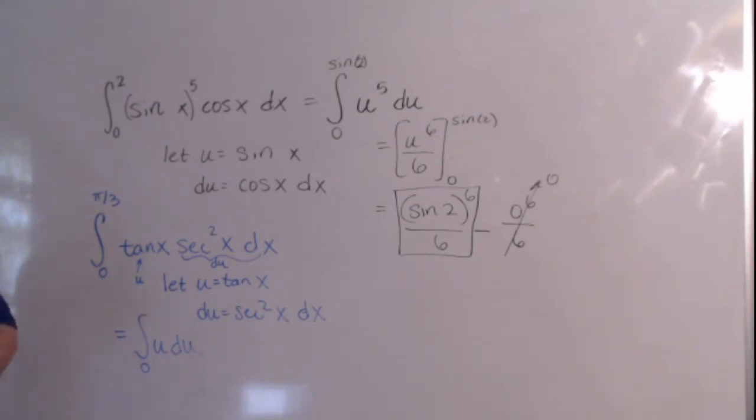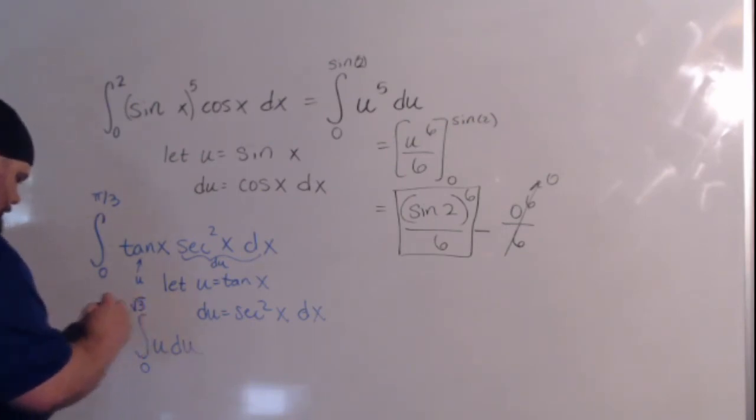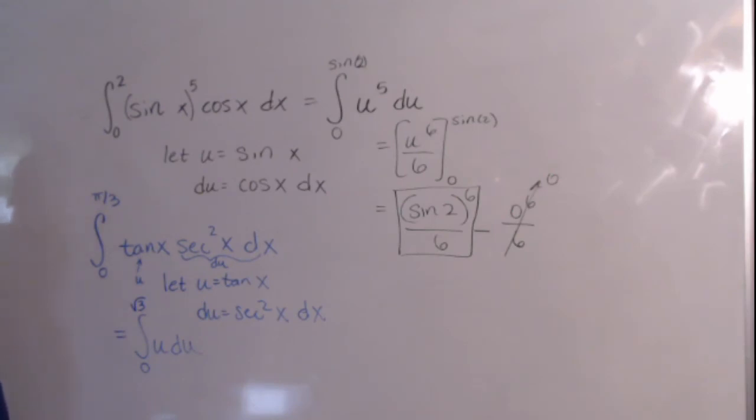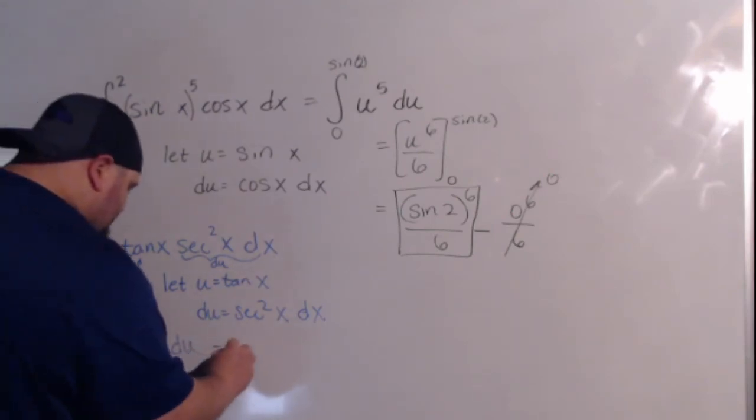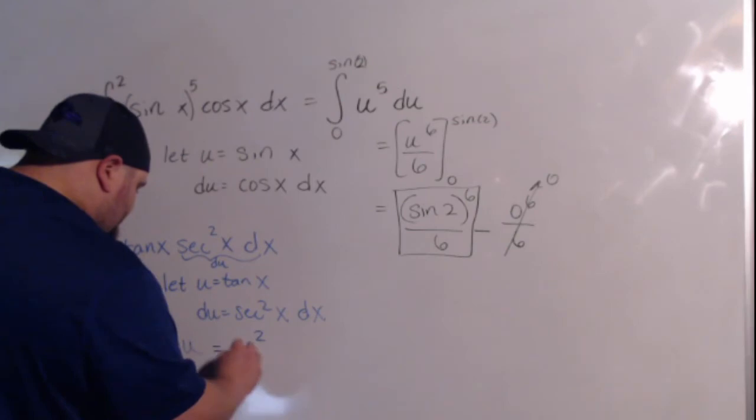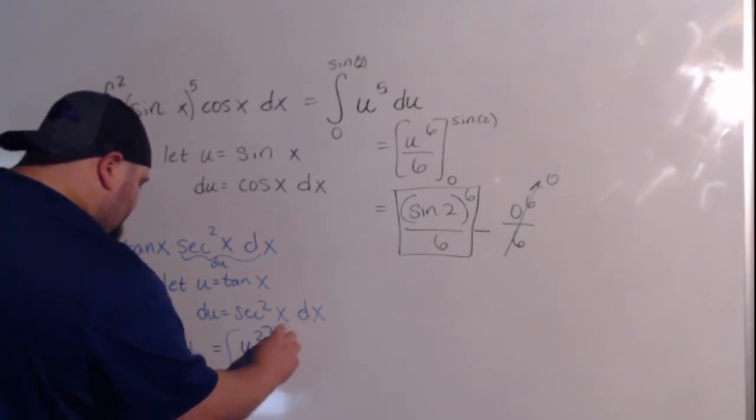It's the square root of 3. Okay. So this would be u squared over 2 from 0 to root 3.